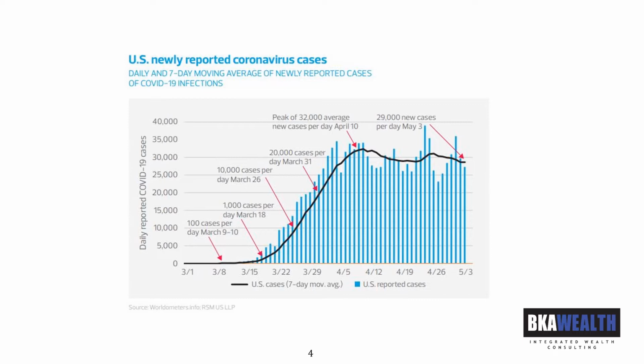And this is again something we've seen in the news, so it's not terribly incremental, but new daily cases rose exponentially through the end of March. We saw them peak around 32,000 new cases per day at the beginning of April, and that number on a daily basis is tempered somewhat.